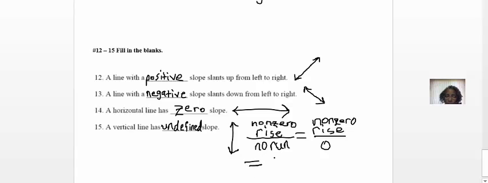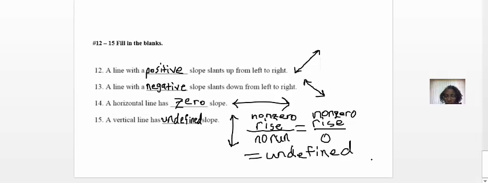And remember, this is undefined because division by 0 is undefined. So you can't divide by 0. And that's why the vertical line has an undefined slope.